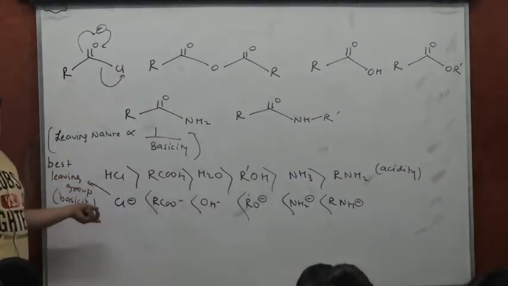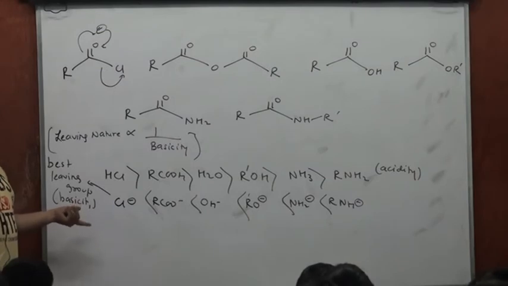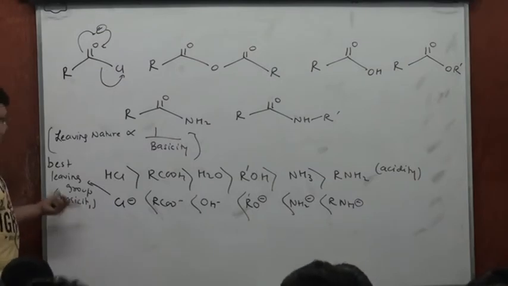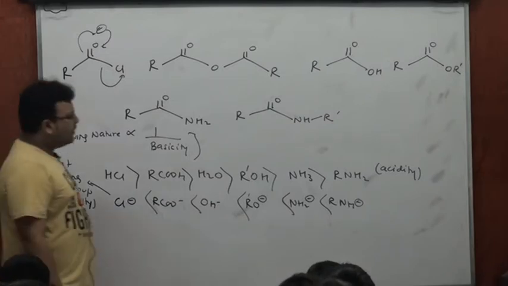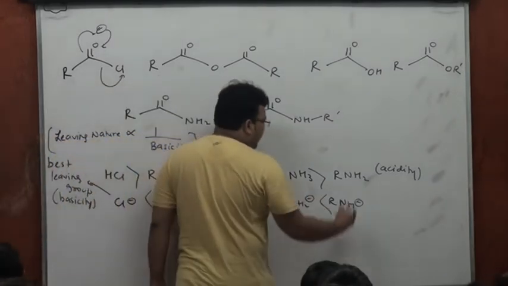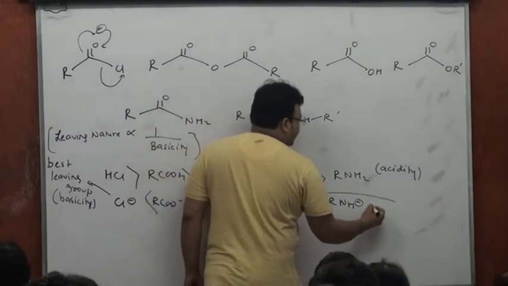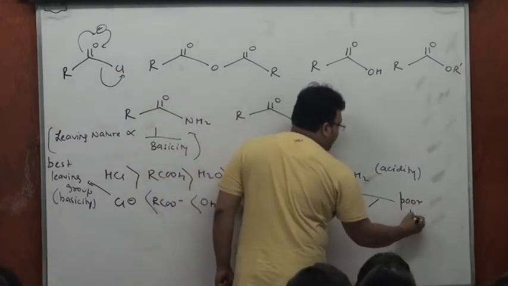Out here the weakest base is supposed to be the best leaving group, and NH2 minus or amide anion would be like poor leaving groups.